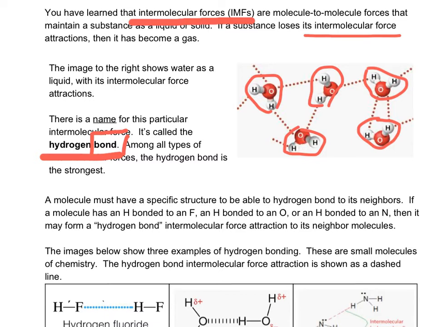So what I look for when I'm looking at a representation of a substance, I am looking for an H on one molecule bonded to an F, an O, or an N on its neighbor molecule. Again, when I'm given a diagram of a substance and I'm scanning it, I look for an H on one molecule bonded to an F, an O, or an N on a neighbor molecule, and that's a tip-off to it being a hydrogen bond.